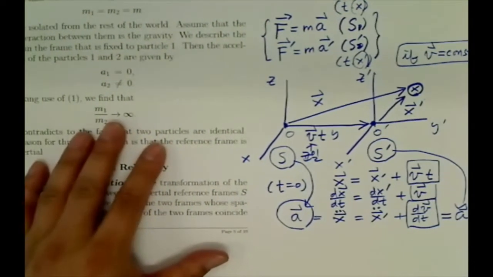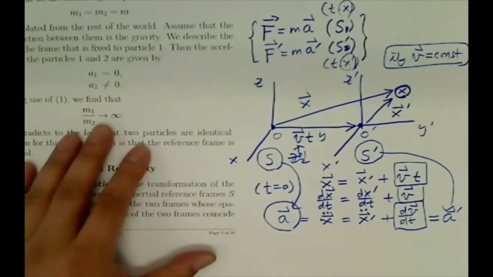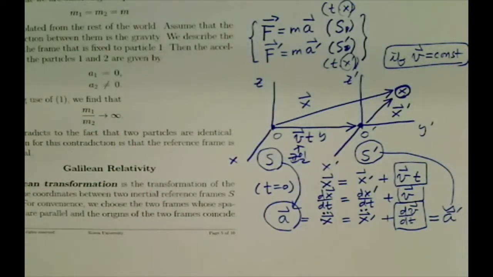Remember, we have introduced the relative velocity of the two coordinate systems as v, which is a constant.